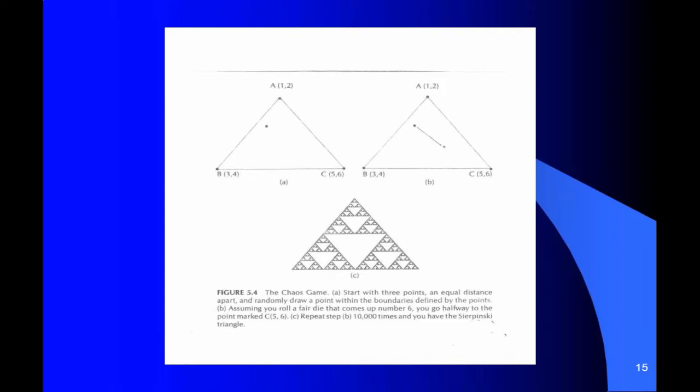If you remember that picture we had of Pythagoras with that pyramid above his head, this is a figure out of Dr. Lowe's book where they talk about the chaos game. And basically, if you look at that bottom triangle there, that was the one that was over Pythagoras' head. What it's basically saying is that if you took two dots and connected them together and ran through the iteration 10,000 times, you're going to come out with this pattern that is on the bottom.